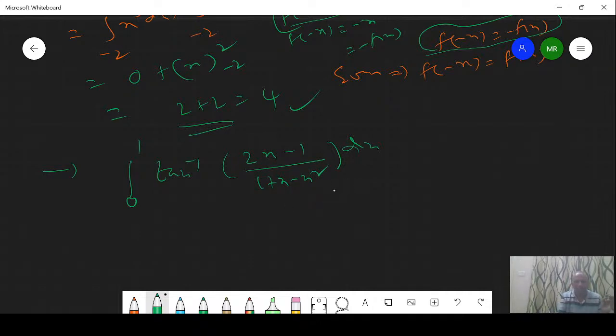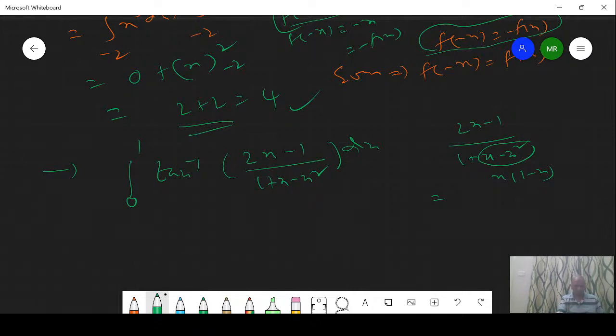I can rearrange this: 2x minus 1 by 1 plus x minus x square. How, sir? You can see this one. This x minus x square, you think of x into 1 minus x. You take x common, you get x into 1 minus x, or x minus x square.